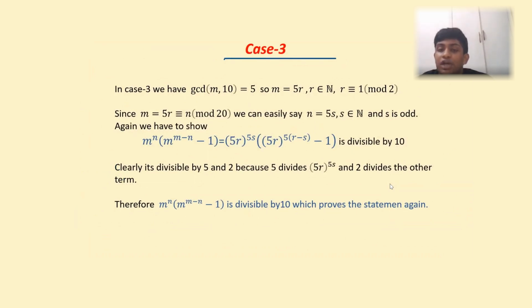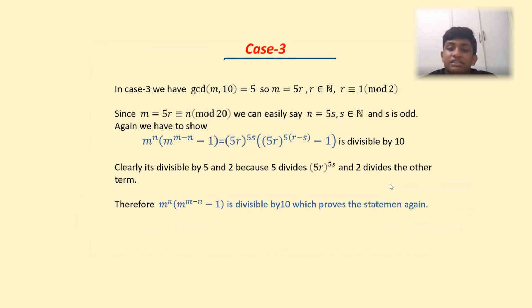So now we proceed to case 3. Now in case 3, we have the GCD of m and 10 equal to 5. So m equals 5r for some r belonging to the set of natural numbers, and r is also odd. Now since m equals 5r is congruent to n mod 20, you can easily say that n equals some 5s for some natural s. So we have to show again that m to the power n into m to the power m minus n minus 1 is divisible by 10.